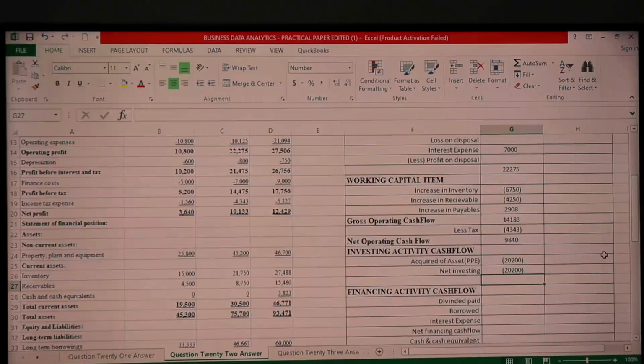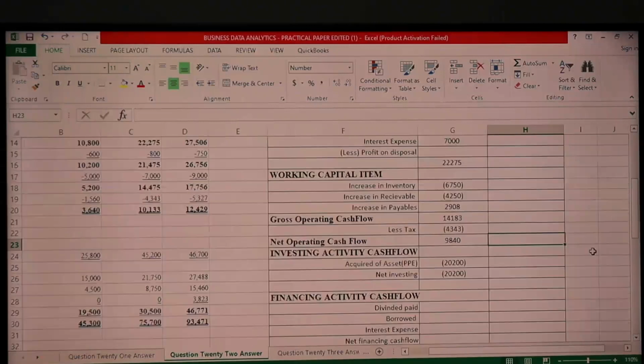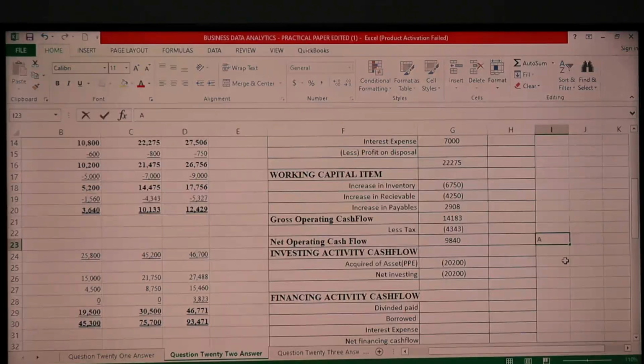So we can give our value A here. You already got that value A there. So hope you got, this is the net operating cash flow.